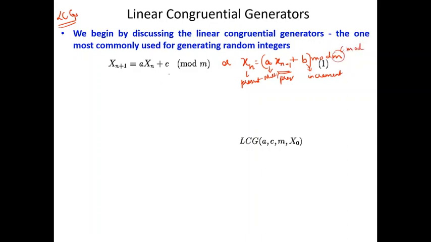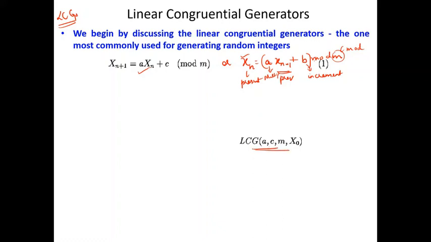The same, you can use the equation either in this form or in this form. We consider this form more commonly, that is, xn is equal to a xn minus 1 plus b. So both mean one and the same. And how do we normally represent this as an LCG?